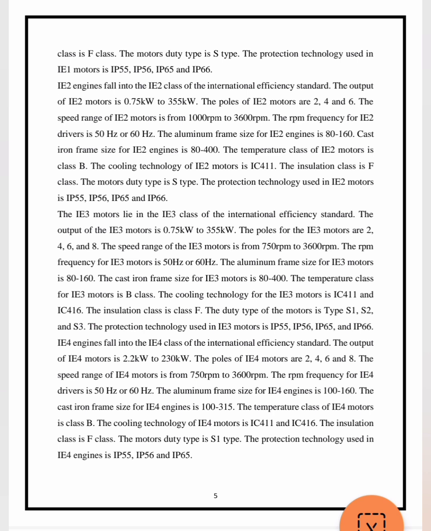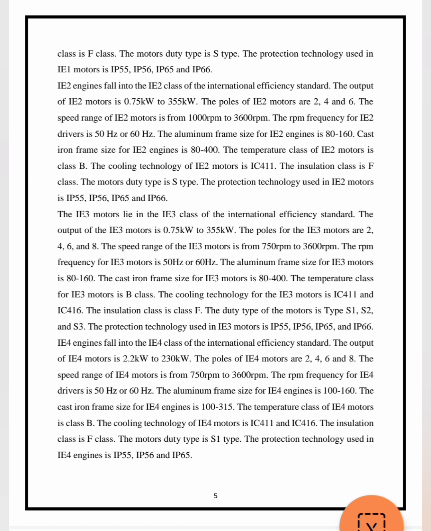S type means it is the standard efficiency type. Standard efficiency is basically the level we have set according to which we have classified the international efficiency motors. International efficiency motor class 2 falls into the IE2 class of the international efficiency standard.